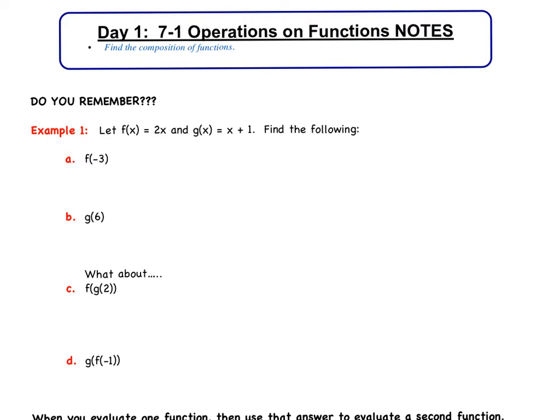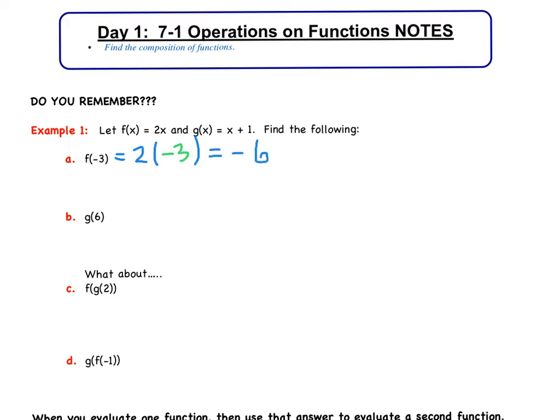What we do to solve here is we can begin by substituting in negative 3 for x in the equation of f of x. In my equation of f of x, I have 2 times x, so here that will be 2 times negative 3.